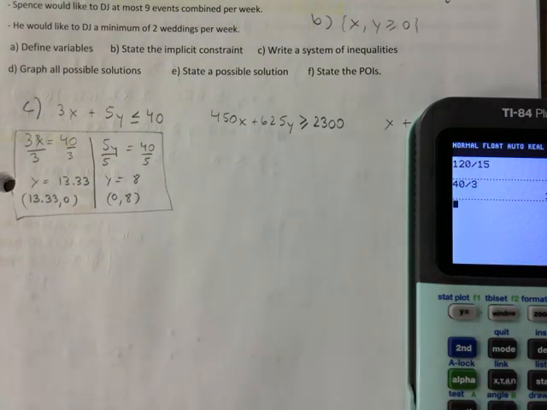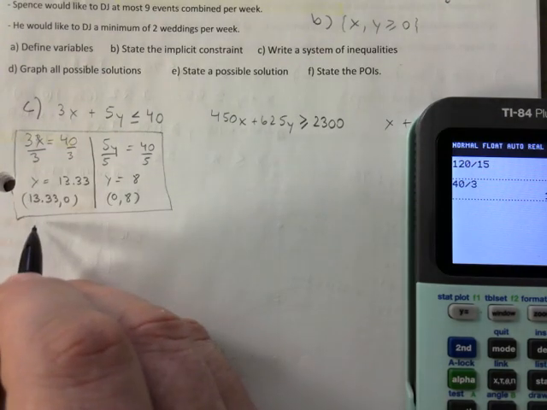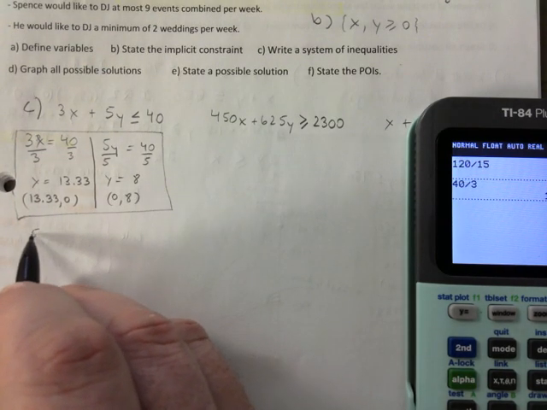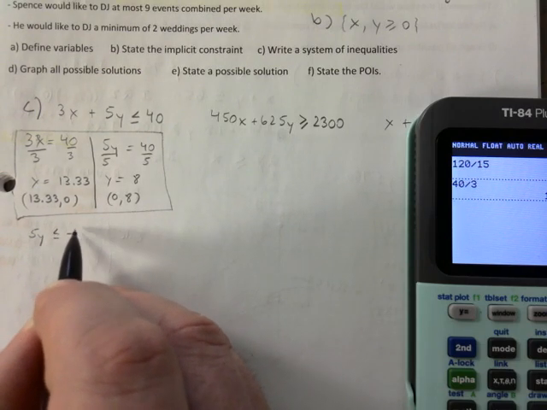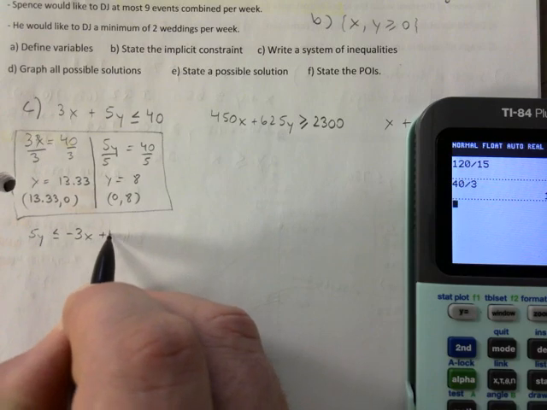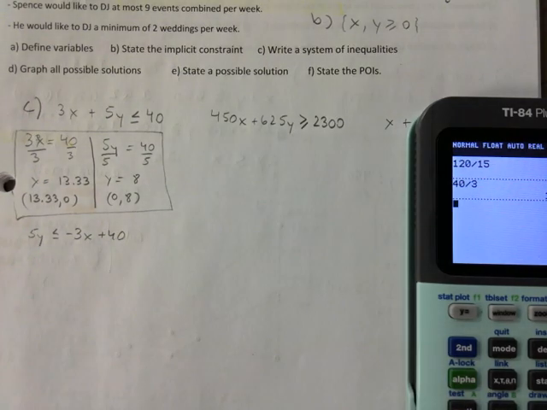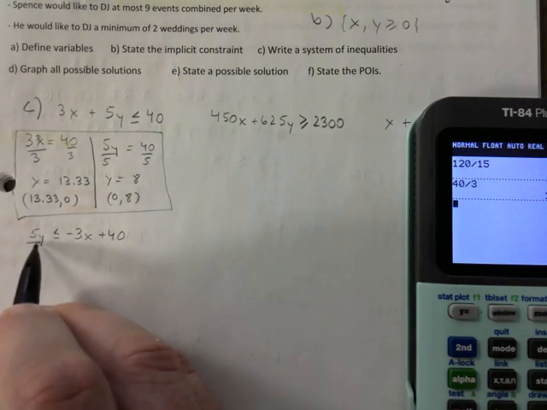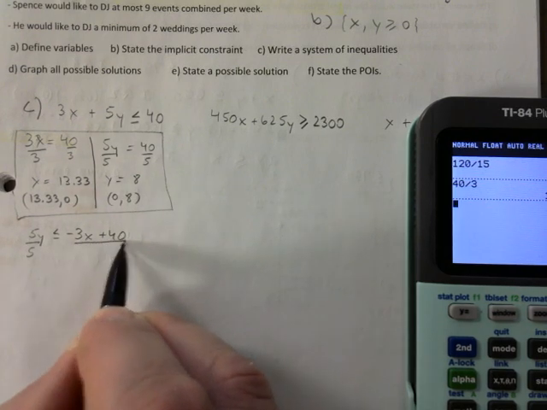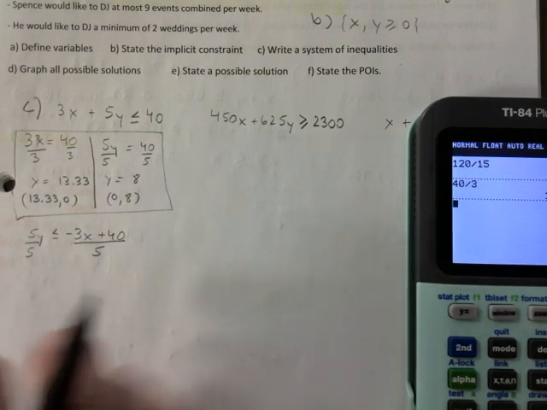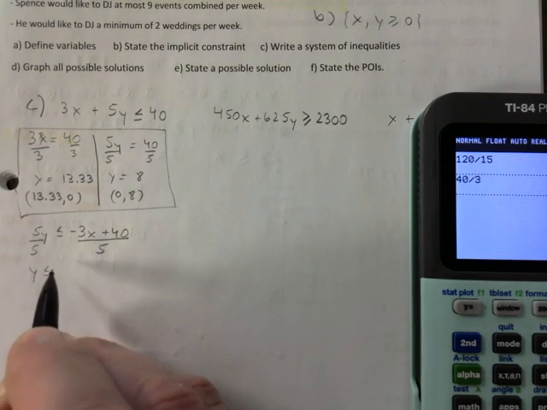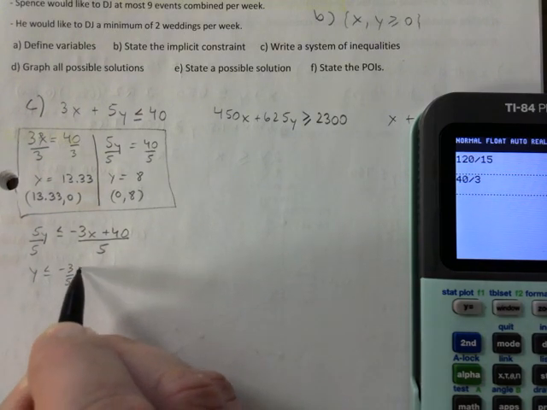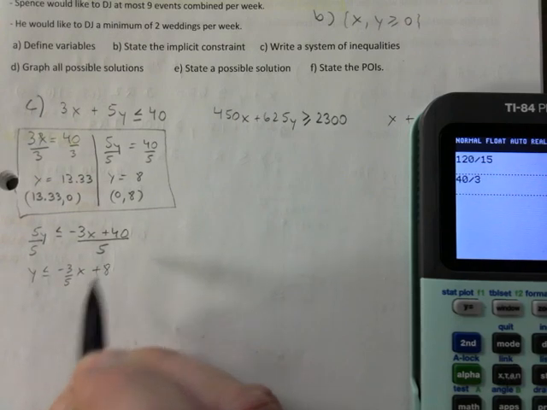So I know I'm going a little fast, but you already know how to do these things. So I'll rewrite it down here. 5y is less than or equal to negative 3x plus 40. Okay. Divide everything by 5. And y is less than or equal to negative 3 over 5x plus 8.